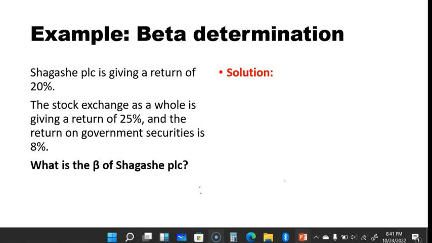So in this case, we are not told to use any CAPM or whatever, but we know at the back of our minds that the beta is found in the CAPM formula. So we need to use the CAPM formula for us to determine a beta.